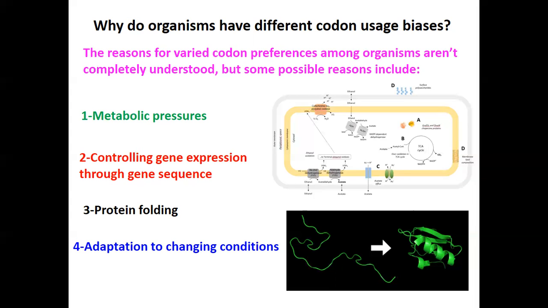Then protein folding. If the protein is encoded by a mixture of codons with highly and poorly charged transfer RNAs, different regions of the protein may be translated at different rates. The ribosome will move quickly along regions calling for abundant charged transfer RNAs, but will stall for a while at a region calling for low abundant or poorly charged transfer RNAs.